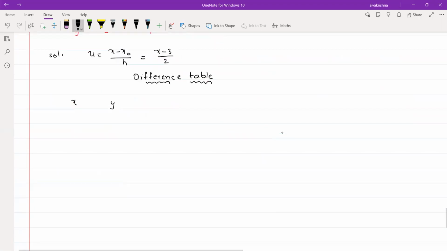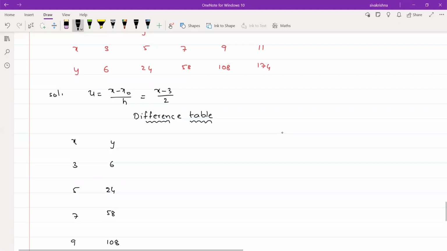In the values of x we have 3, 5, 7, 9 and 11, and the corresponding y values are 6, 24, 58, 108, 174. These are the corresponding y values.